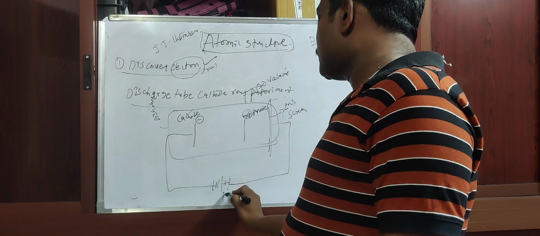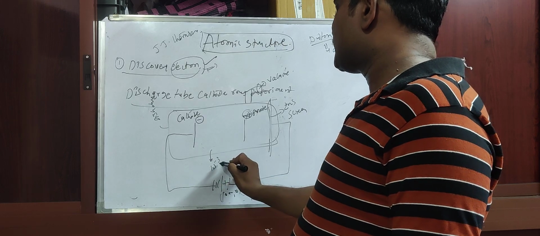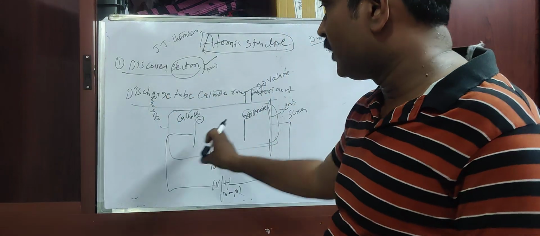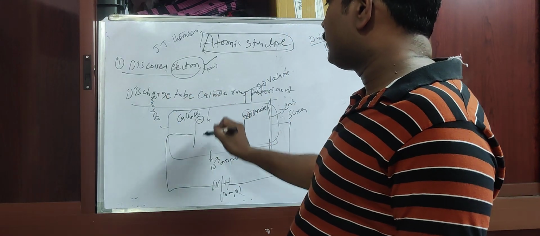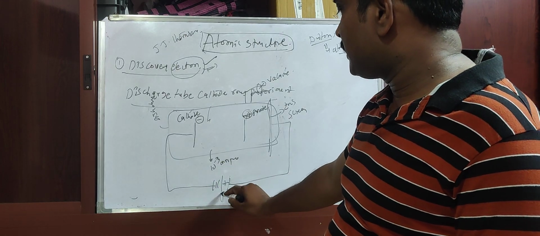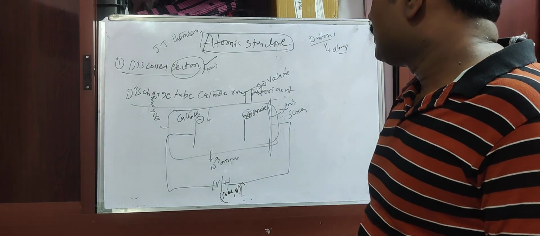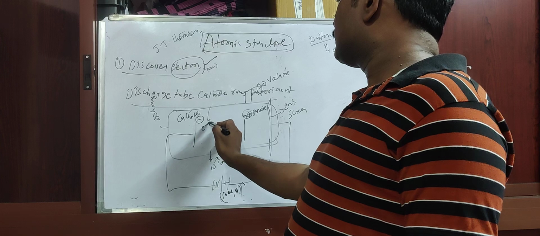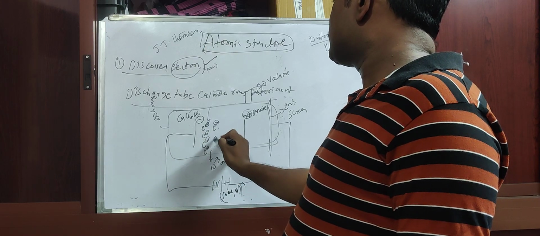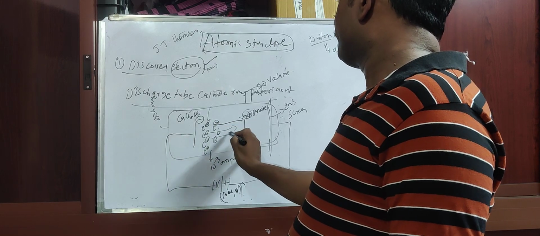By supplying 1000 volts of electricity at very low pressure, 10 power minus 3 mm, which is almost a vacuum, some rays travel from the cathode towards the anode side.